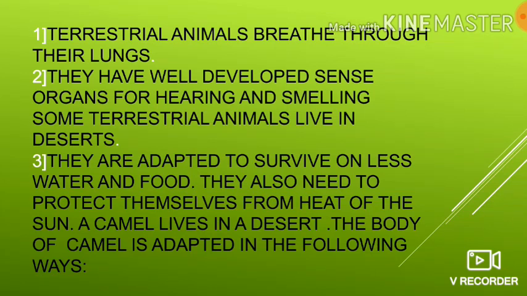And some terrestrial animals live in deserts. They are adapted to survive on less water and food. They also need to protect themselves from the heat of the sun. For example, a camel lives in a desert and the body of a camel is adapted in the following ways.